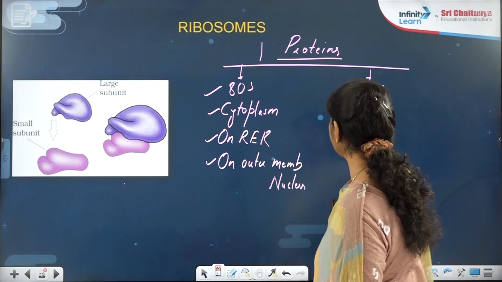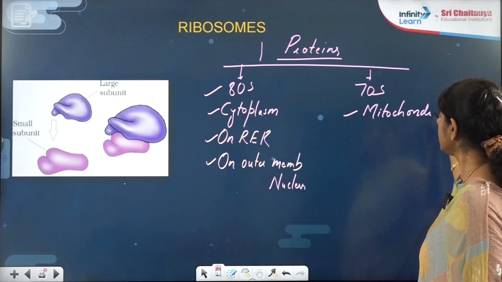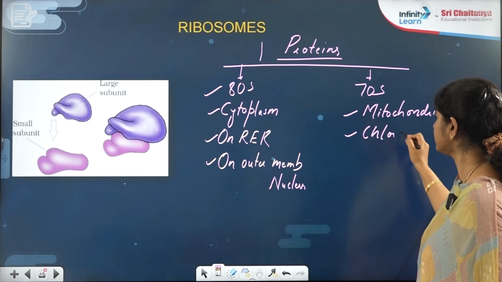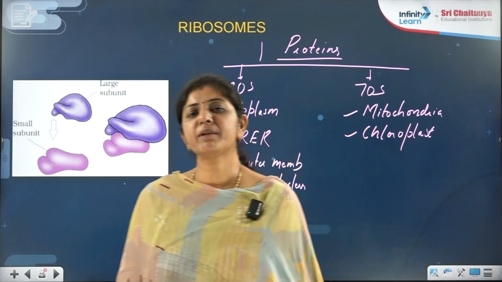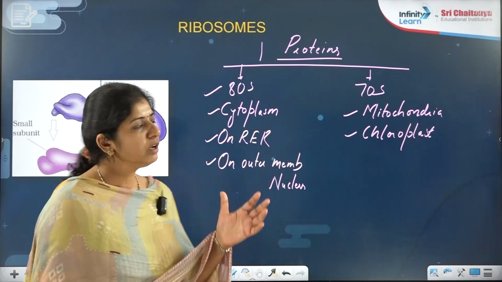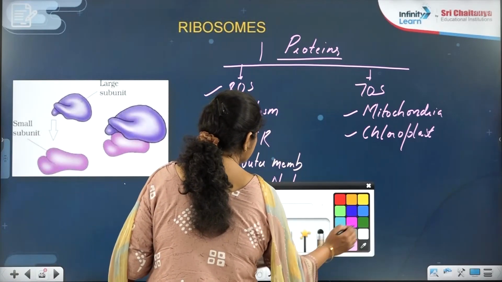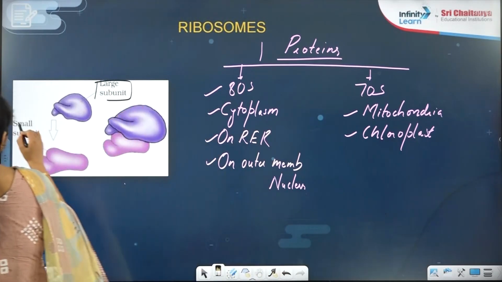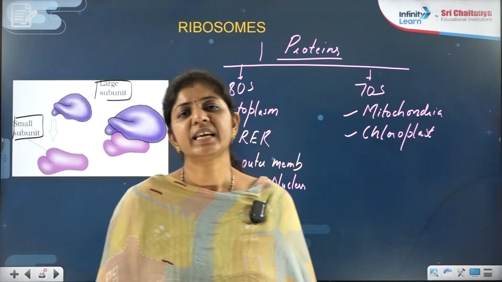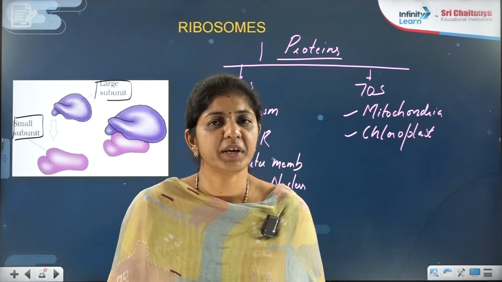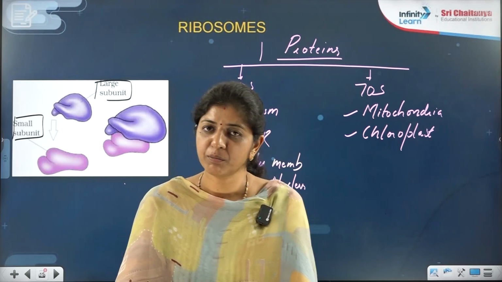Whereas 70S is present, as I just discussed, in mitochondria and in the chloroplast. They help in the formation of proteins and they are membraneless structures. Both 80S and 70S have two subunits, a larger subunit and a smaller subunit. Their sedimentation will be different in both cases, right? So this is a membraneless structure both in eukaryotes as well as in prokaryotes.